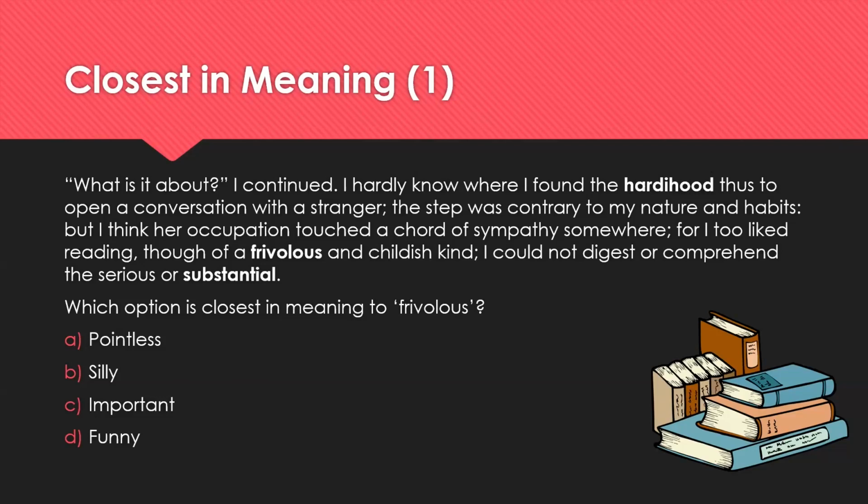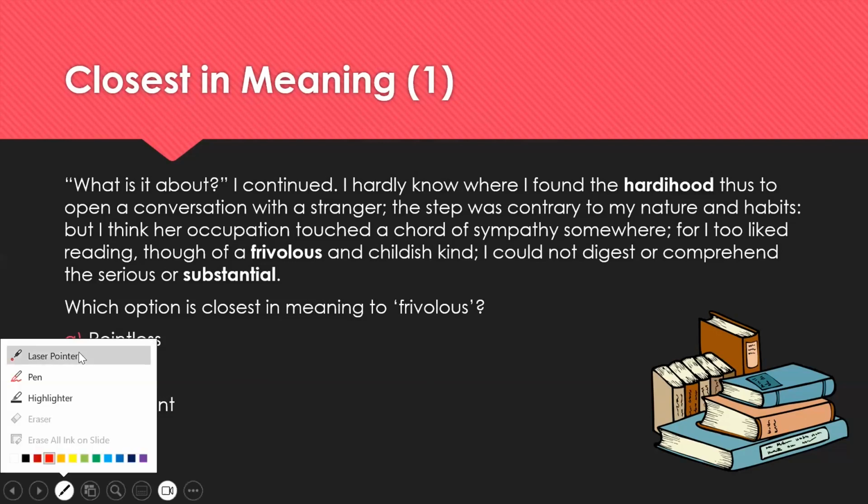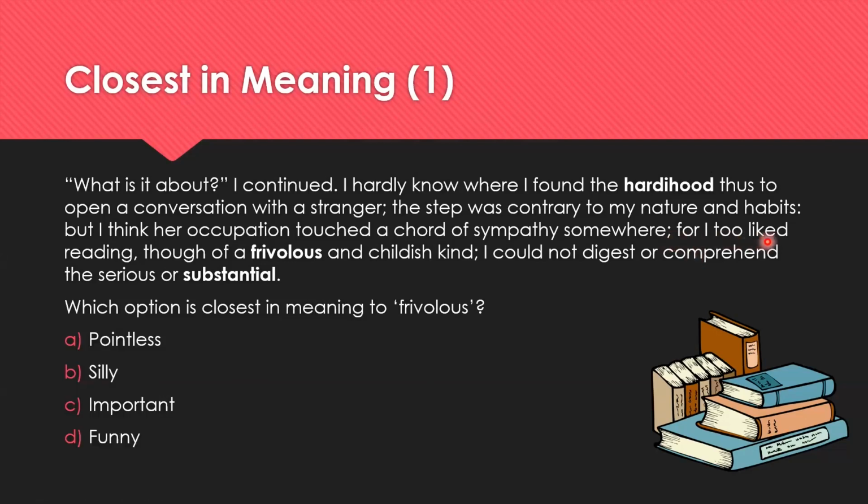She says, I too liked reading, though of a frivolous and childish kind. So you're looking for a word that relates to childishness, something that would describe the kind of books that Jane feels she's reading, in contrast to very serious books. So hopefully that should help give you an idea for your answer.